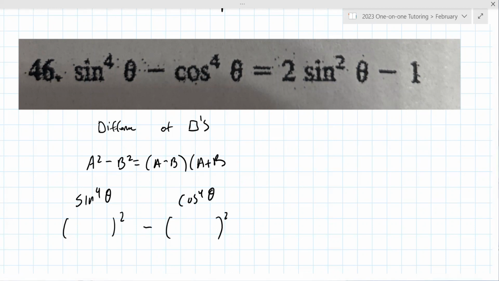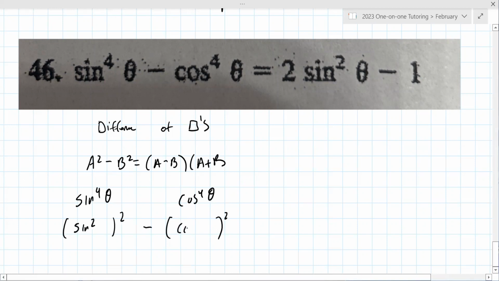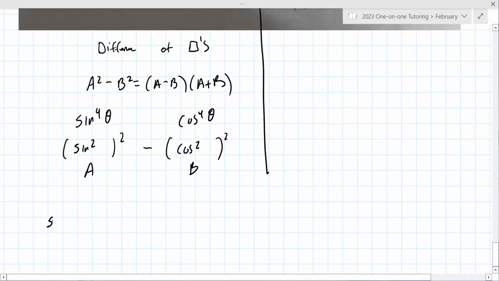You'd be squaring sine squared theta. That's right. And also cosine squared. Right. So that's your A and that's your B. So again, just the left side, we're not touching the right. We're just working on the left. It becomes sine squared theta minus cosine squared theta times sine squared theta plus cosine squared theta.